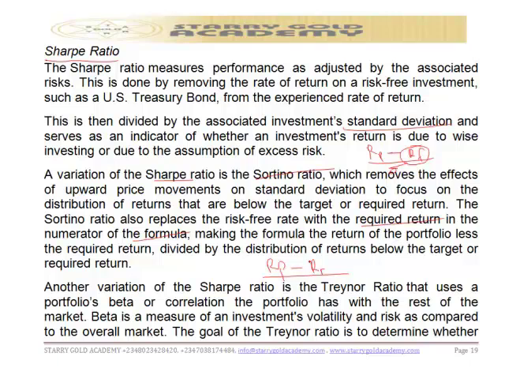I said Sortino tries to replace the risk-free rate with the required rate of return. Understand? So this is the required rate of return, and this is the risk-free rate. And this one now replaces the risk-free rate with the required rate of return and puts portfolio return minus required rate of return, all divided by the distribution of returns below the target or required rate of return.